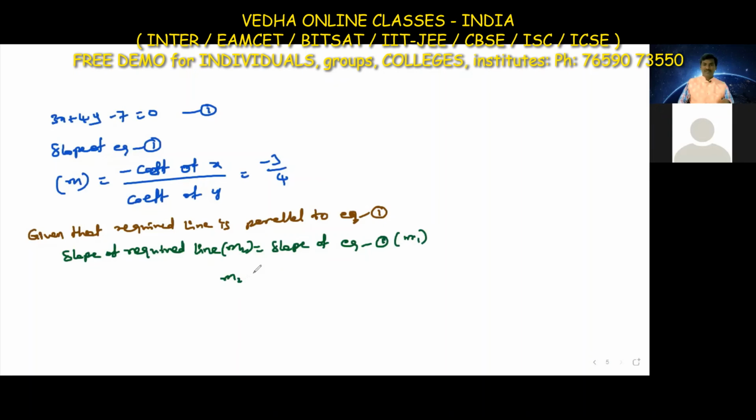So m2 is equal to m1, which is equal to minus 3 by 4.